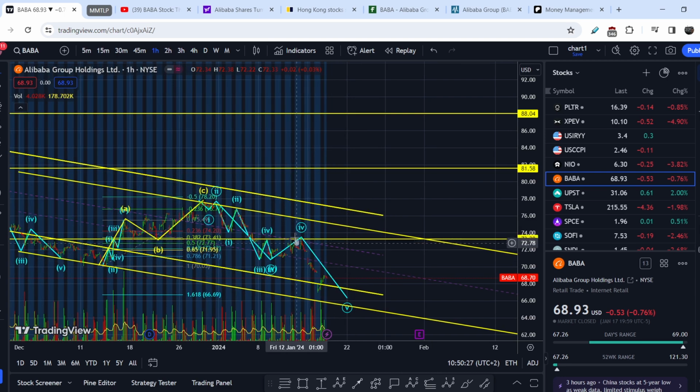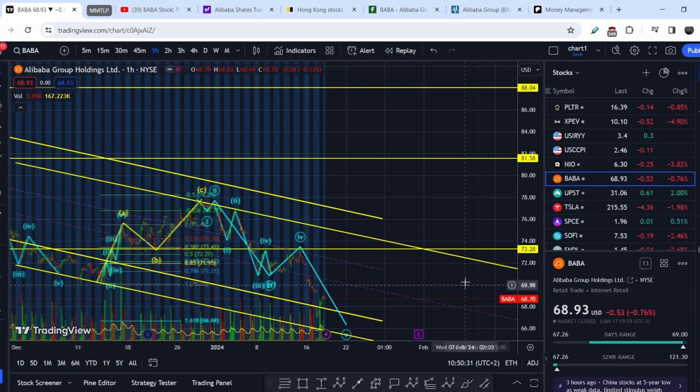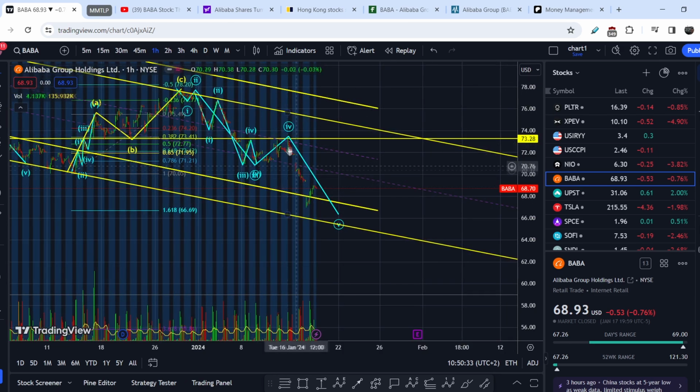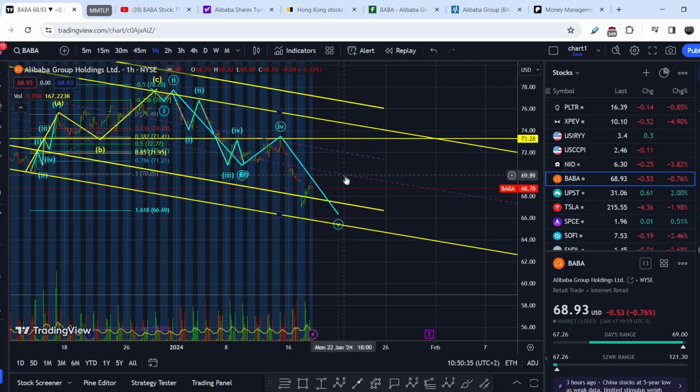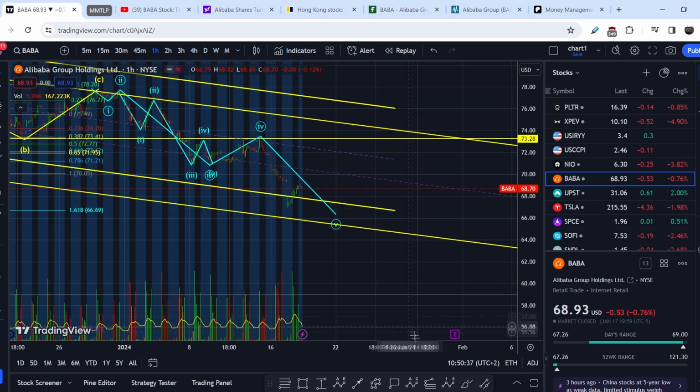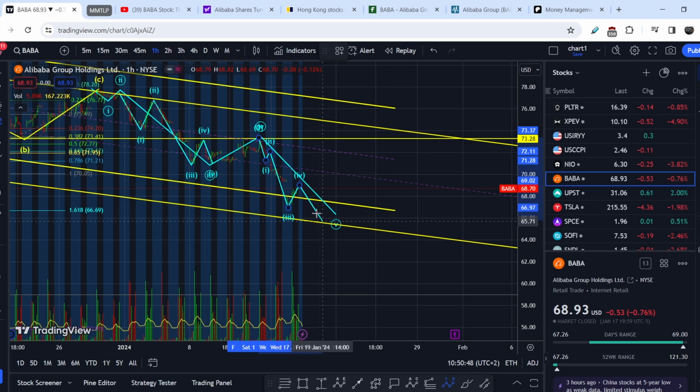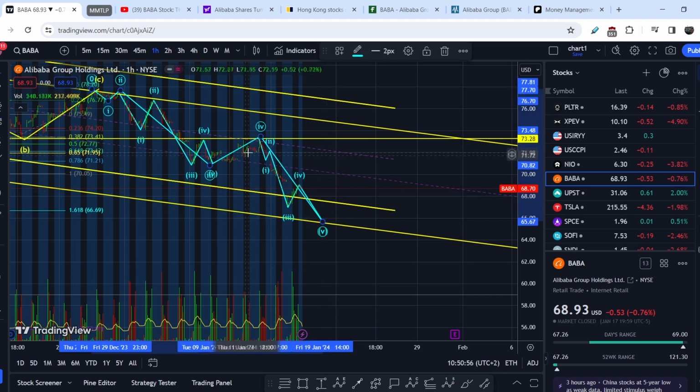And guys, it is very difficult to count waves inside this movement, but in general, let's put it this way. In my opinion, we might have this as our first wave, a tiny second, this is the entire third one, a fourth retracement, and potentially we have to have at least one more leg to the downside on a smaller scale that will complete the fifth wave on this scale.